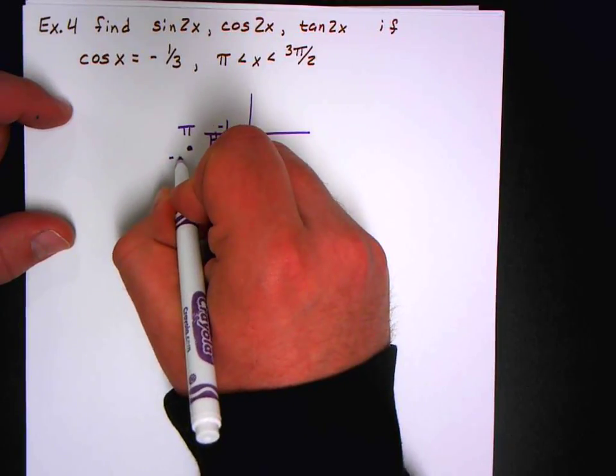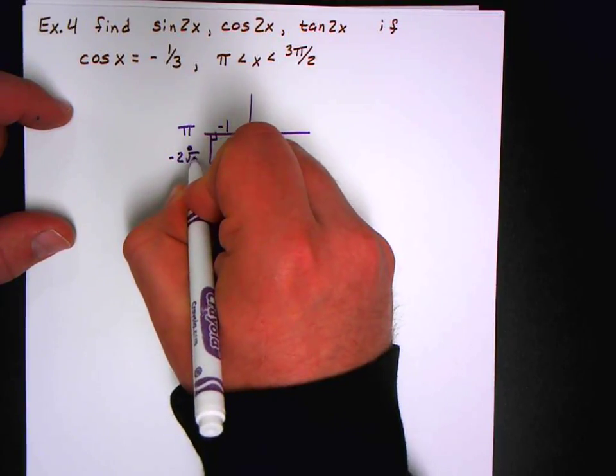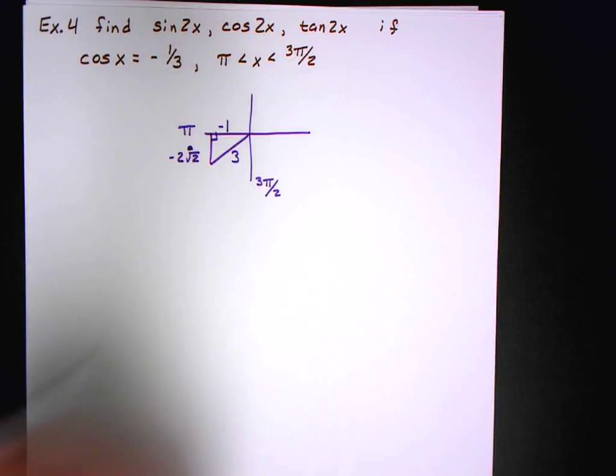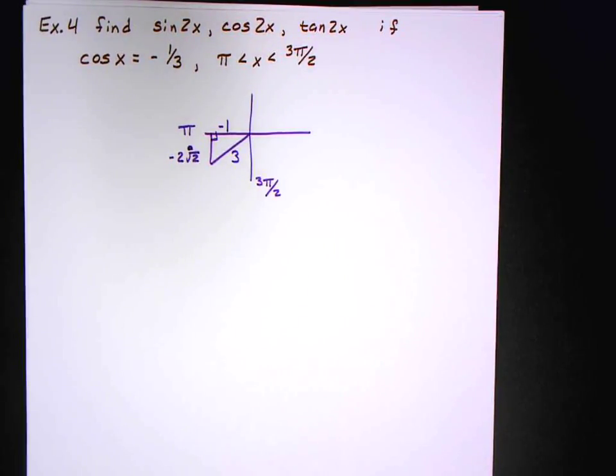Square root of 8, which is, simplify that, you guys can do that. 2 radical 2. So that's the way it's going to be given to you on the test.